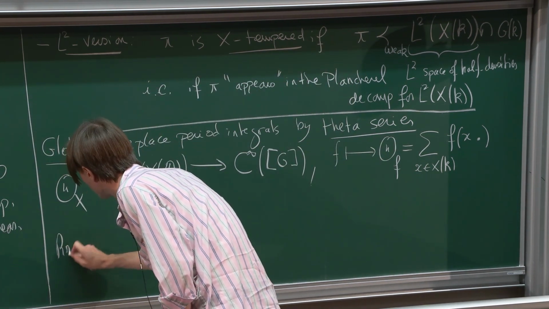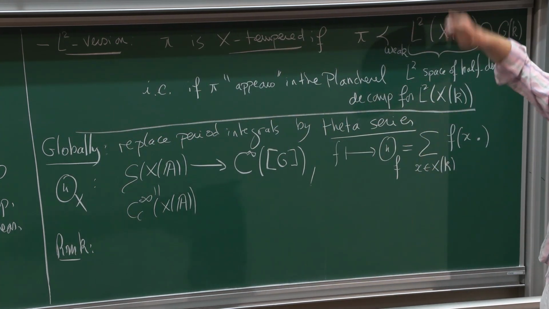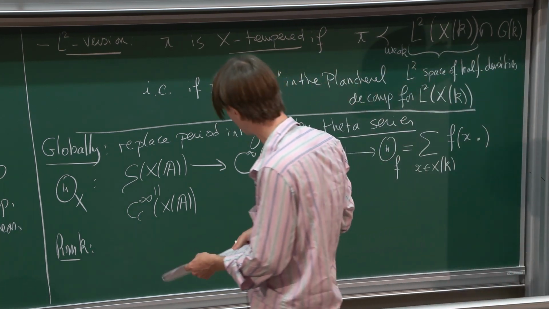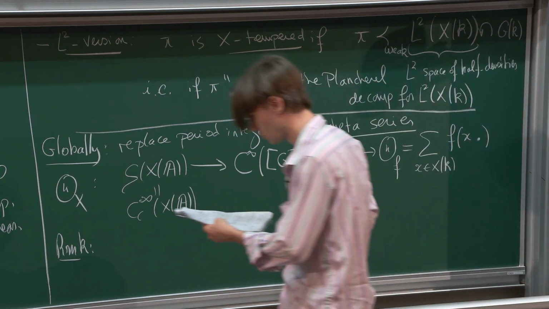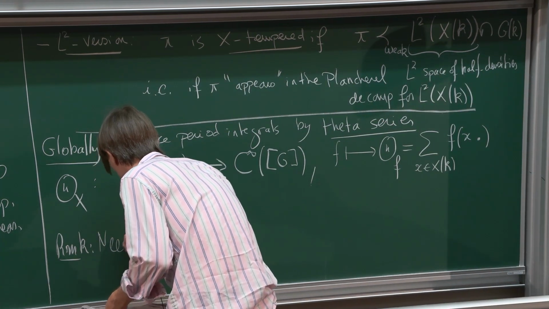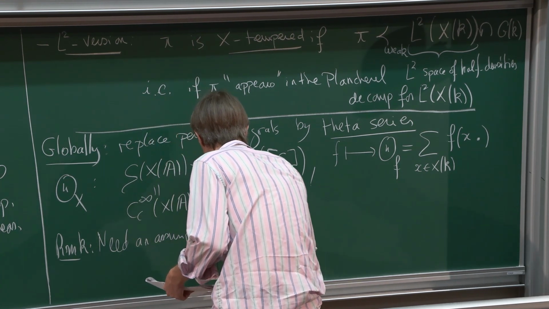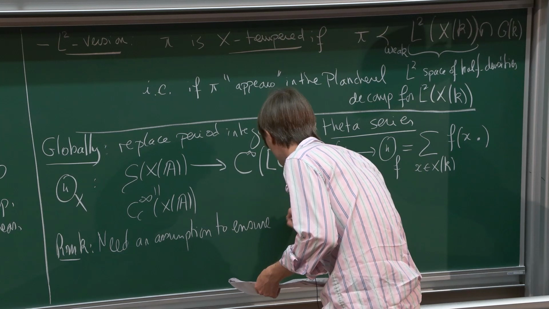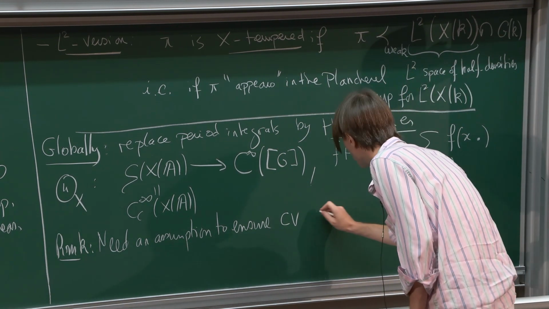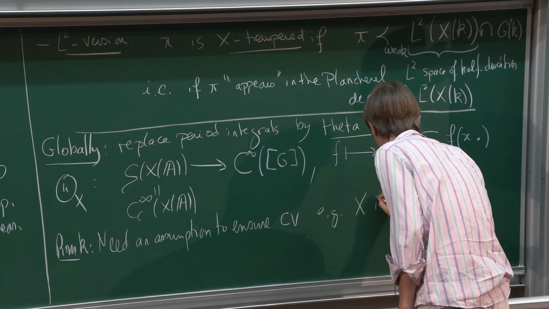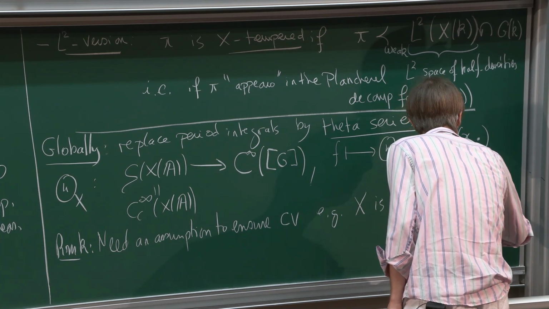And I would like to make a small remark, which was also implicit before, but I didn't talk about it: we need some condition in order to ensure the convergence of this. One very convenient one is that we can impose that x is quasi-affine, which I will also impose at some point.